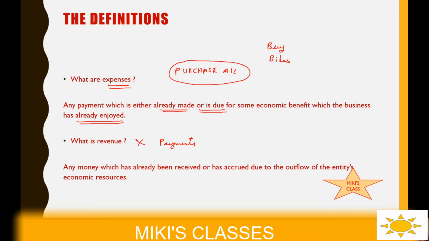Or it might also be due, that you haven't made the payment. But what is important here in the definition of expenses is some economic benefit which the business has already enjoyed. In this case, what is the economic benefit? That you've bought more stock, that you've got more inventory.